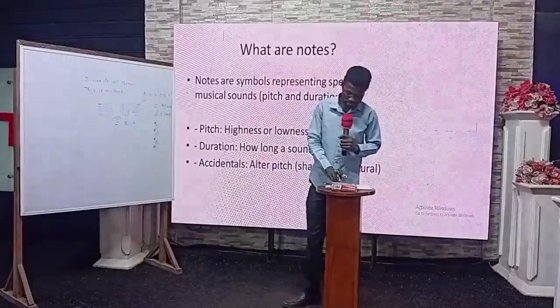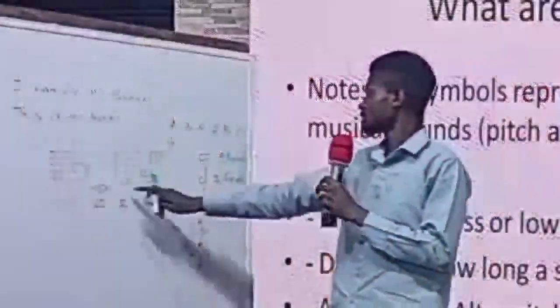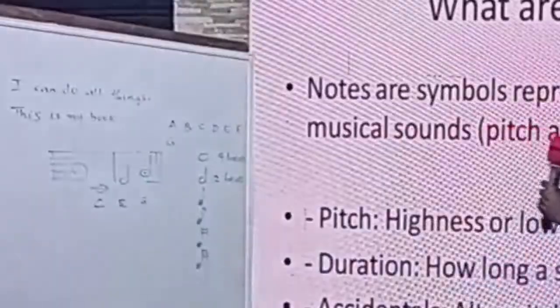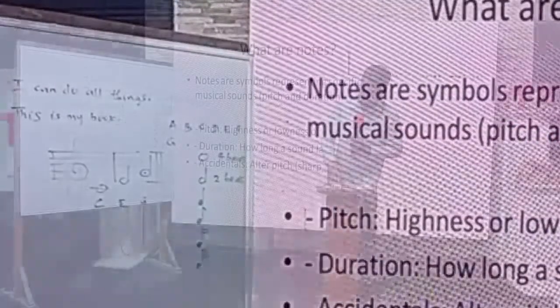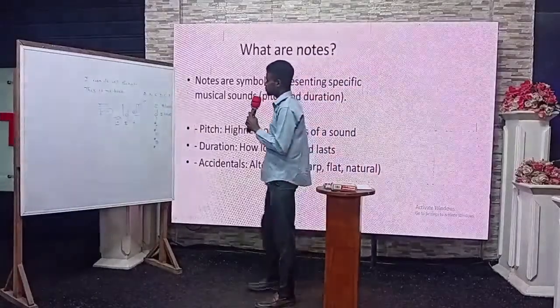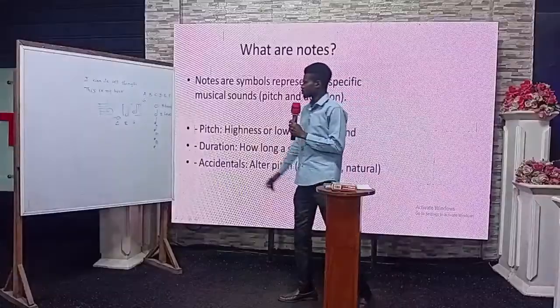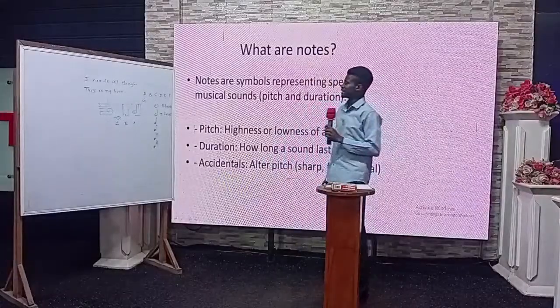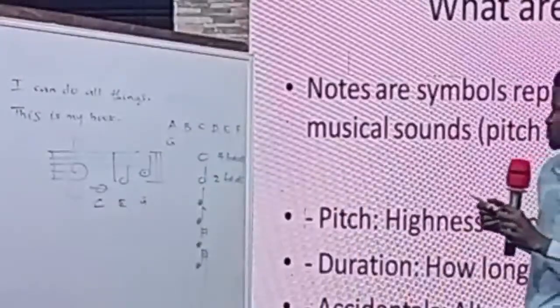For instance, this note E sounds like this. If I alter it by a semitone, it sounds like this. Then if I reduce it, it sounds like this. It has been reduced.